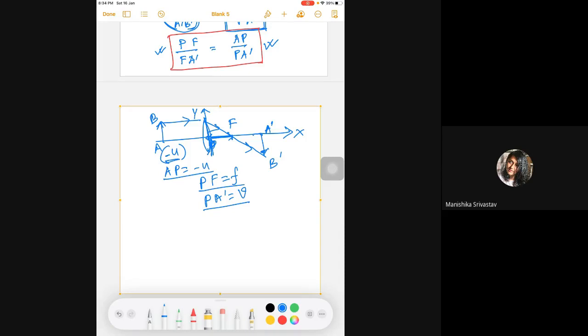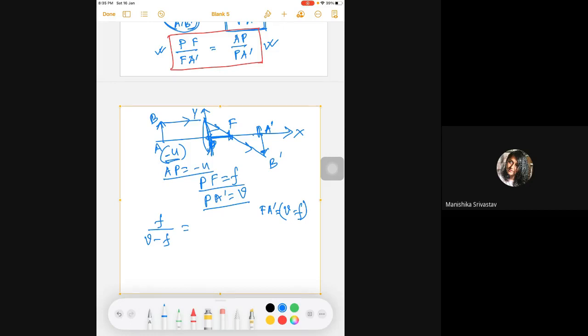So PF is f. I'm just putting here f by, then F A dash. Can you tell me F A dash will be how much? V minus F. Very good, v minus f, excellent. So F A dash will be v minus f.